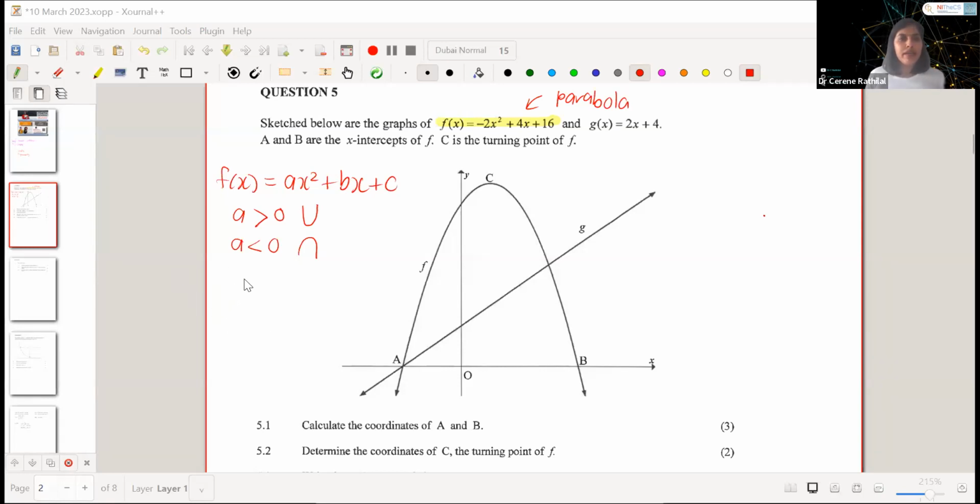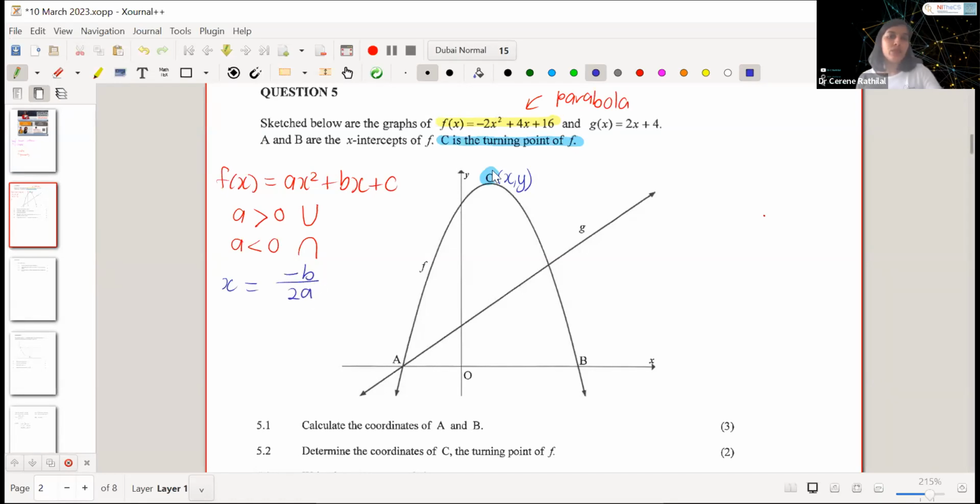I'm just double checking our chat box. Right, and then the other bit is that we know something specific about the turning point. It is clear from the picture that C refers to the turning point. In fact, that is precisely what they have told us in the preamble of this question. C is the turning point, and how do we compute turning points? Of course, we can derive the following that I'm about to write, but we know that the x coordinate for the turning point is given by x equals minus b over 2a.